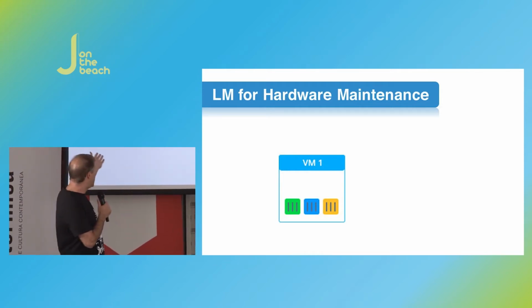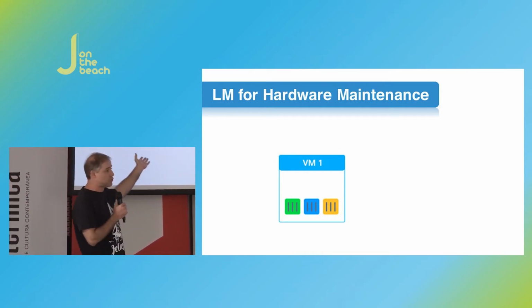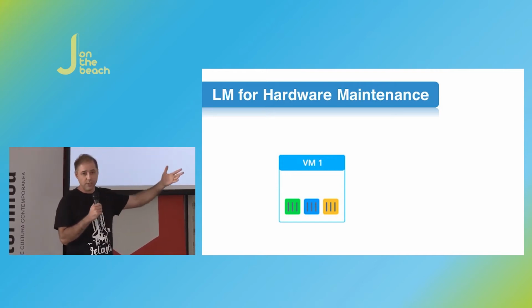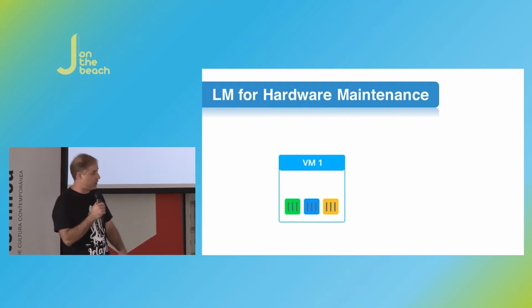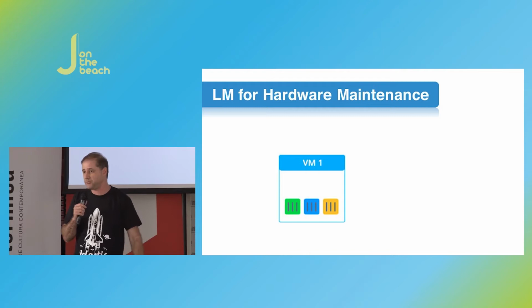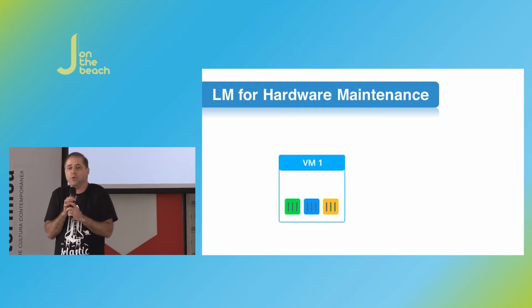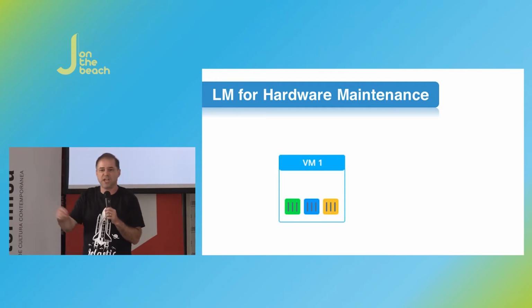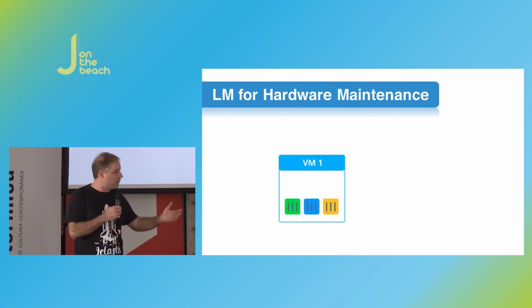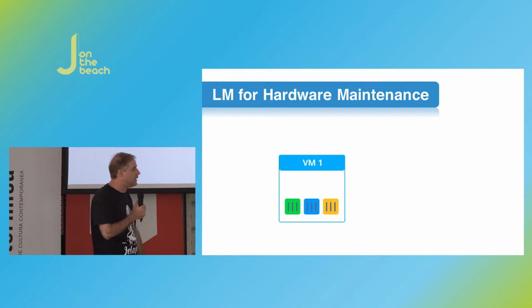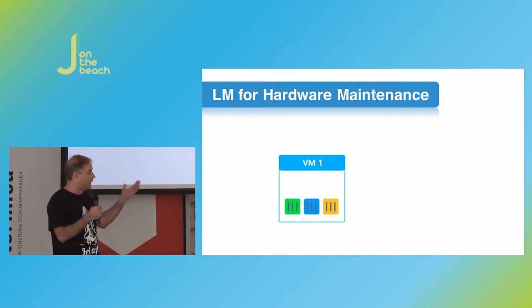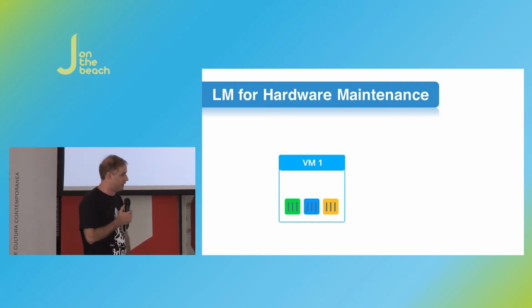Because if your hardware has problems, or it's too small, you just start a new VM, or new hardware, it could be a real physical machine, and you just migrate your application to the other one and shut down the previous one. It wouldn't be a big deal. It's a lot easier to do hardware maintenance or upgrade the hardware if I could just do this live migration.